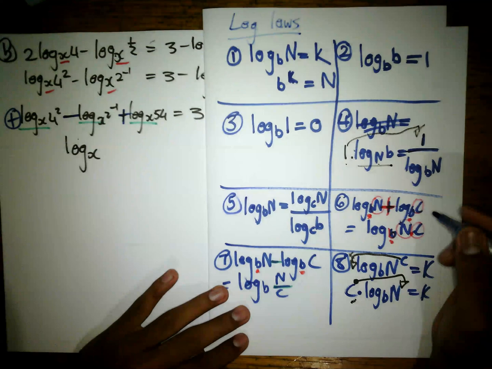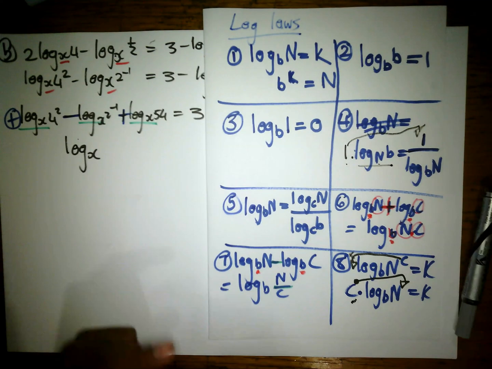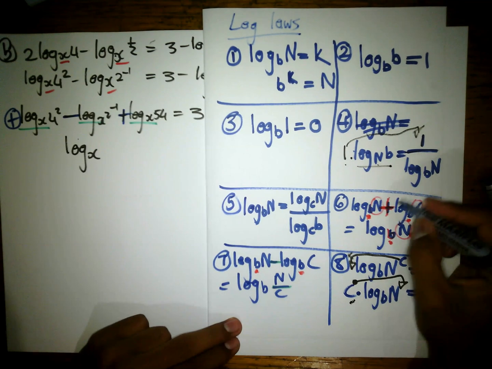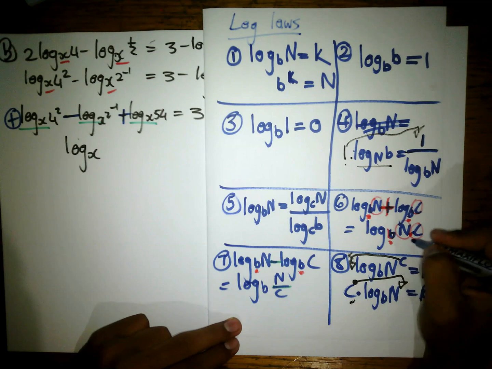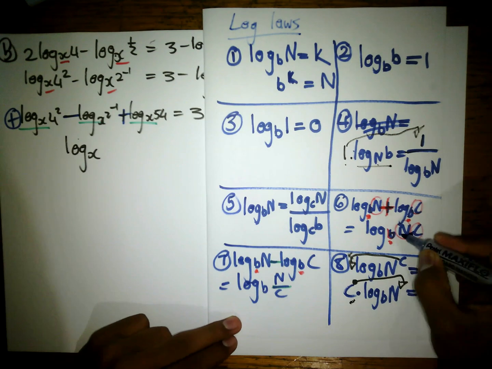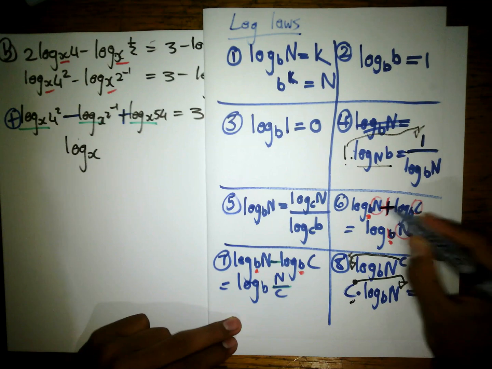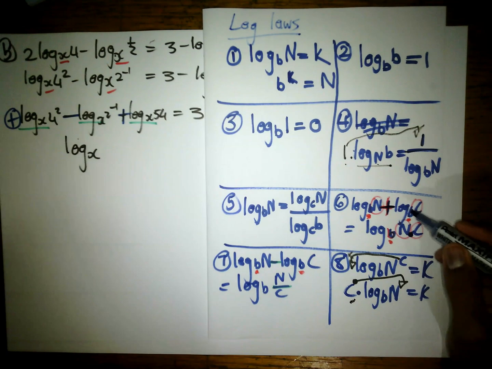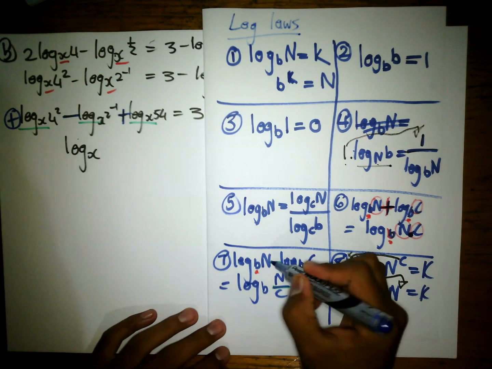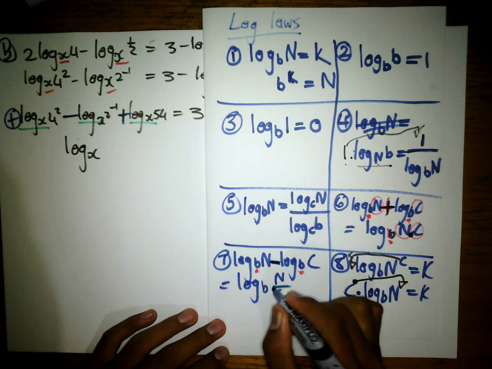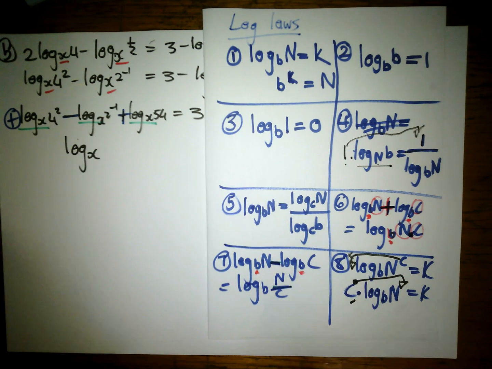According to the rules, multiplication here, because here's a plus. So addition goes with multiplication. Subtraction here goes with division. They go hand in hand always.